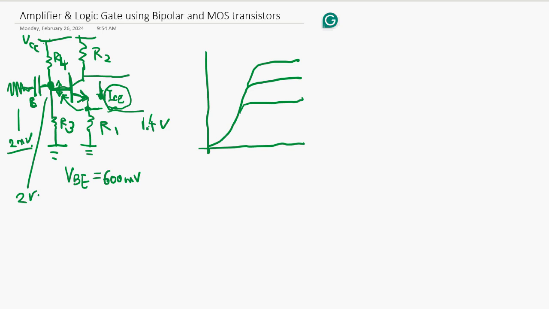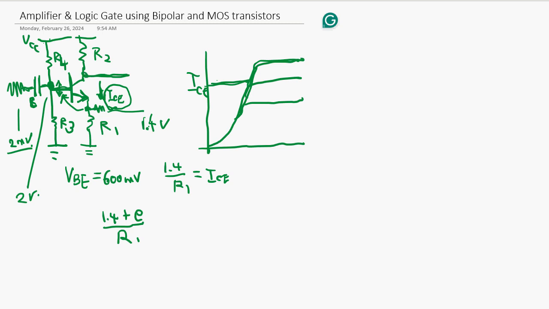The current, 1.4 divided by R1, is going to determine ICE, and this is the operating point. Okay, now the AC riding here is going to be 1.4 plus the AC signal over R1.